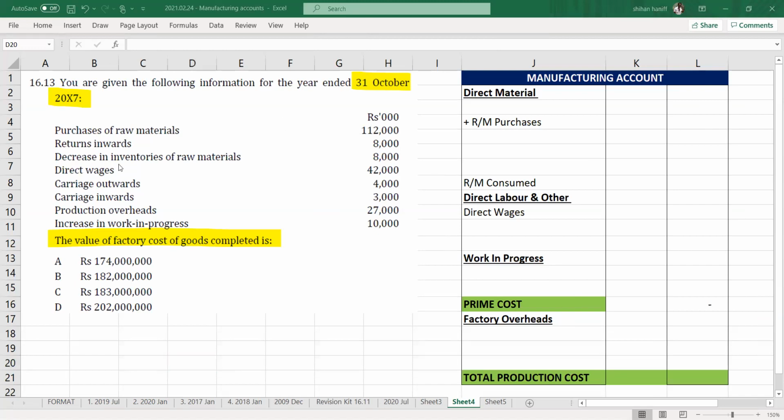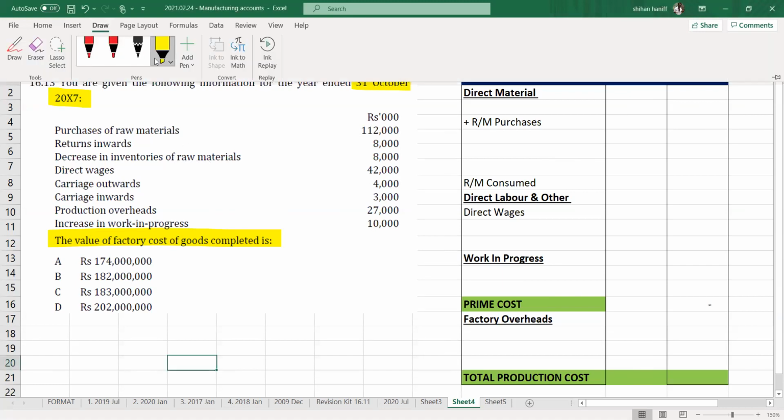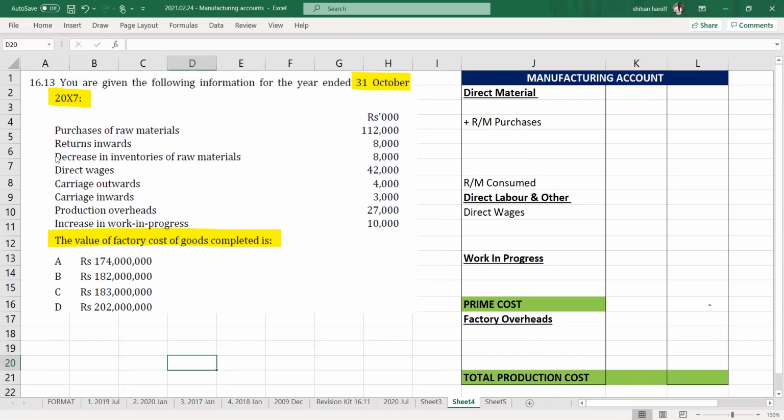Third one is decrease in inventories of raw material. It's raw material decrease. Decrease in inventories of raw material.